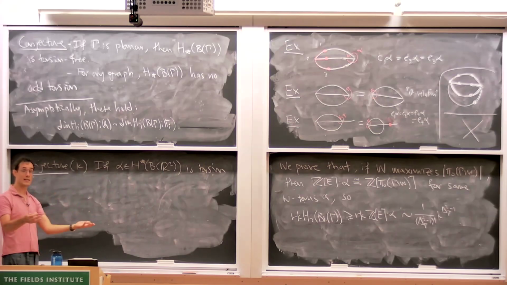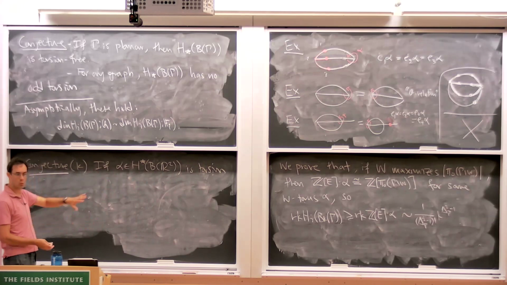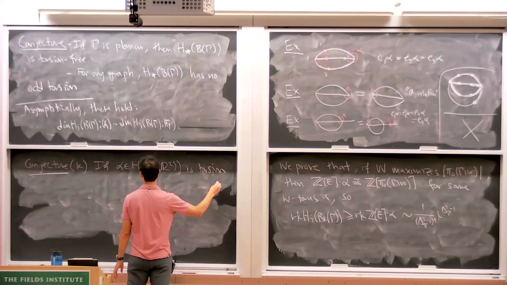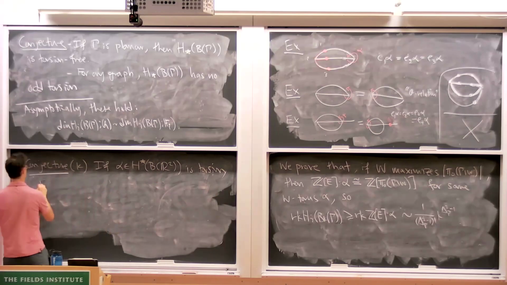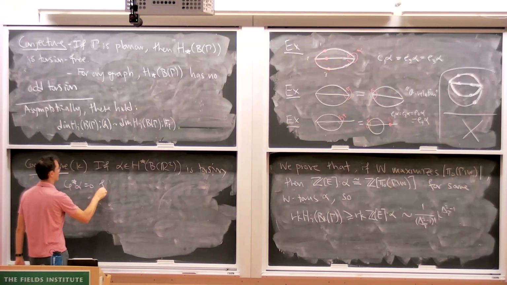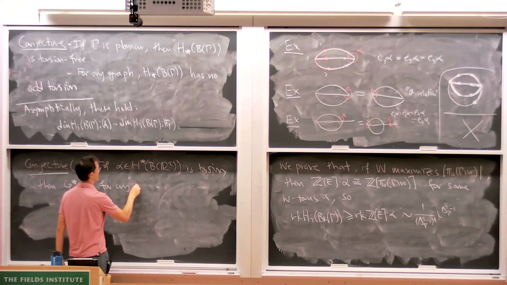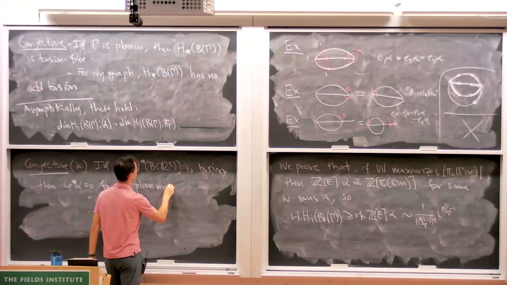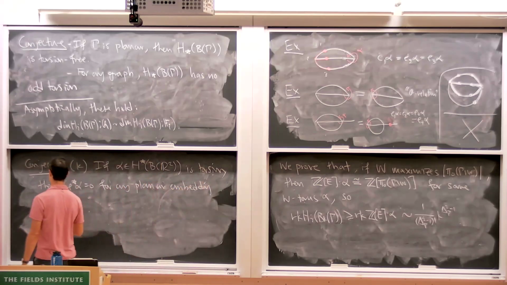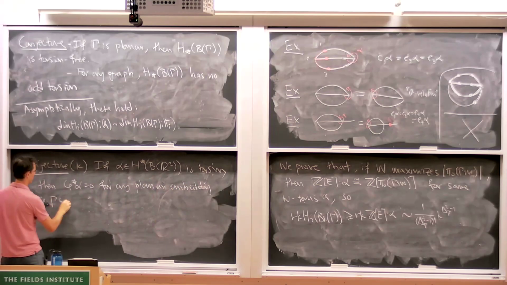And that would be a torsion class that might be 0 or might not be 0, right? So this is the only ready source of candidate torsion that we have. And so the conjecture is that the restriction of that class is 0 for any planar embedding of a graph.